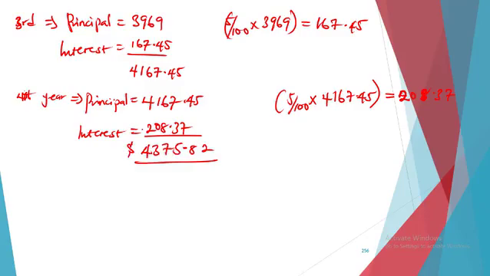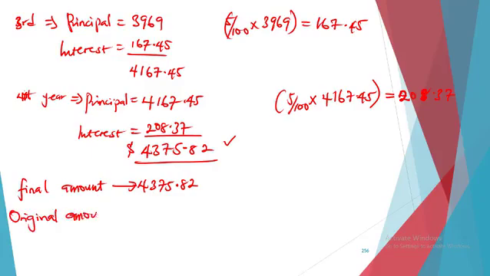We're dealing in dollars. I told us earlier that the compound interest is the final amount minus the initial or original amount. Our final amount is 4,375.82, and our original amount from the question is 3,600.